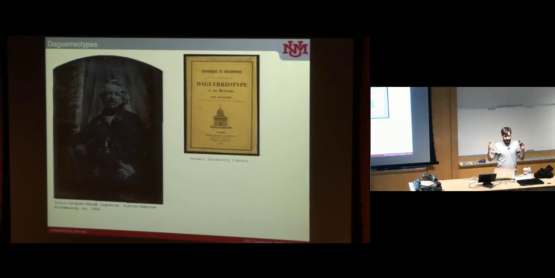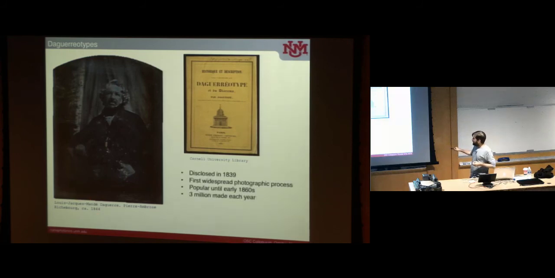Of course, you can claim that the camera obscura was invented way earlier, but then it was used to project images on walls, and then someone could paint them. But this was literally the first technology that allowed to capture an image on a mirror. It was invented by Daguerre in the 19th century, and disclosed in 1839.